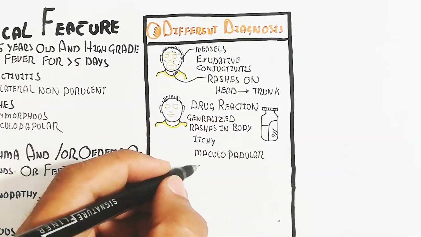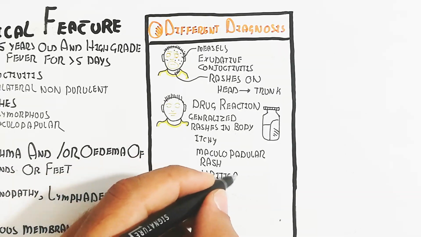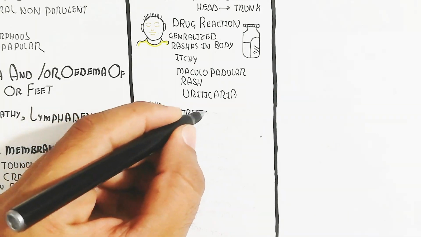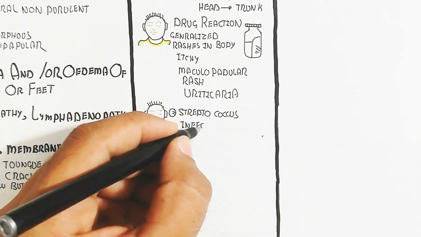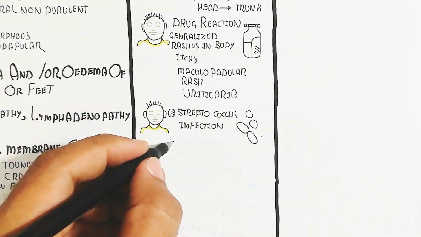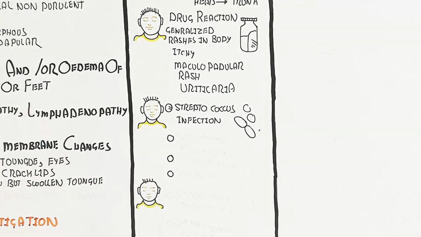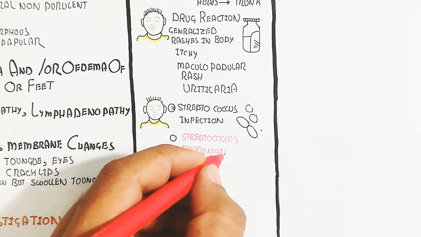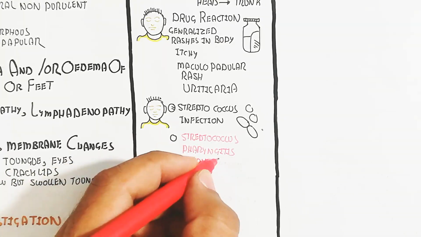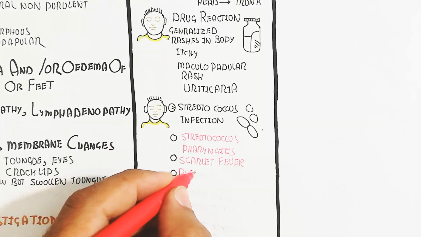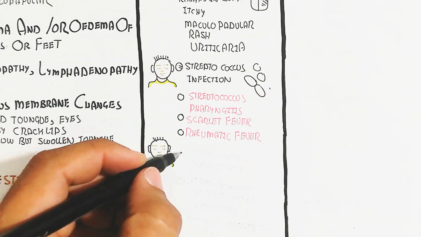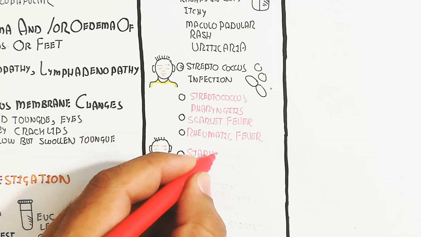On the other hand, streptococcus infection is unknown, but we can say that because sometimes streptococcus and pharyngitis can occur, and scarlet fever, rheumatic fever, and staphylococcus infection if possible. So staphylococcal scalded skin syndrome occurs, and red blistering skin occurs.